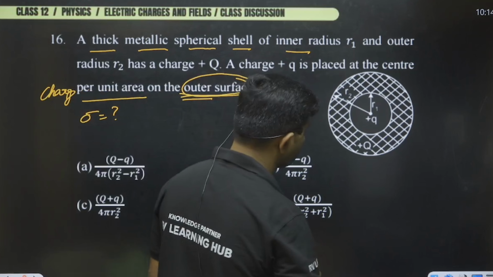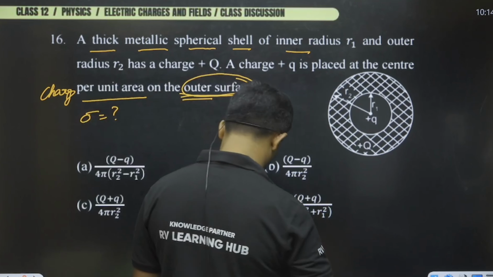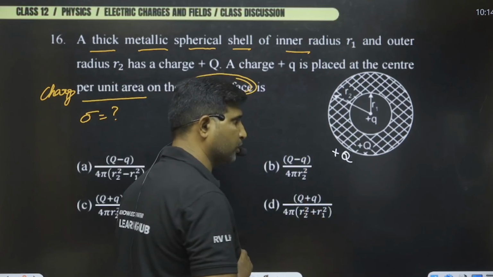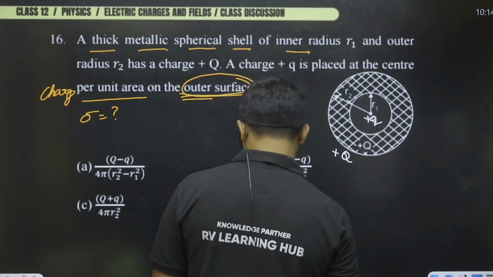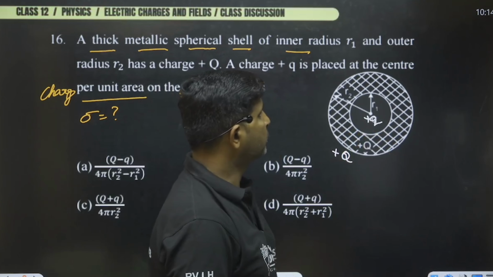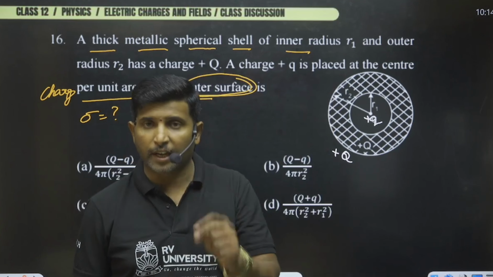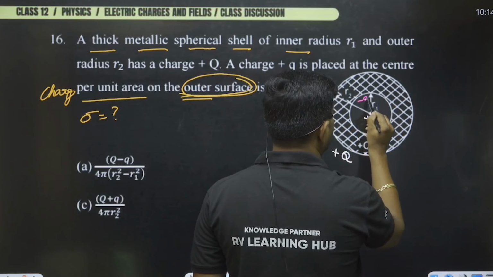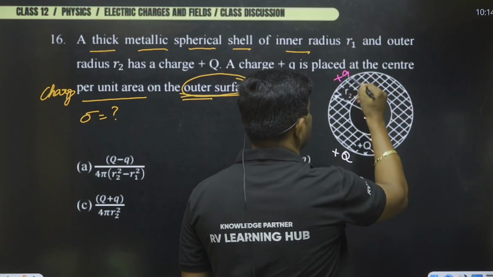Observe this. One thing should be very clear. Initially, the outer surface has a charge plus Q, and at the center I am placing a charge of plus small q. Since it is a metallic sphere, because of induction, the inner surface will have a charge minus q and the outer surface will have a charge plus q.